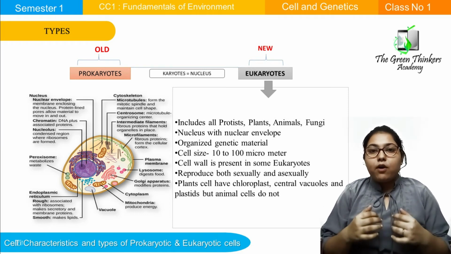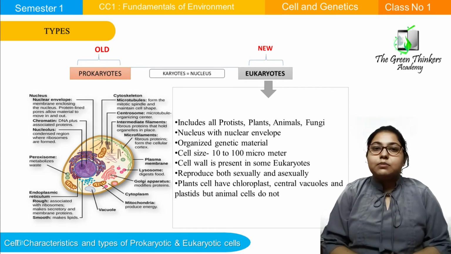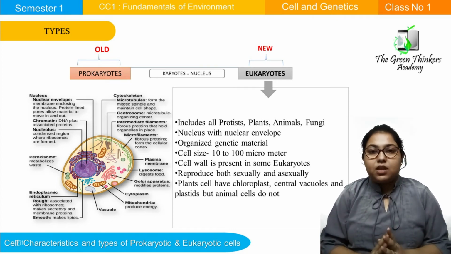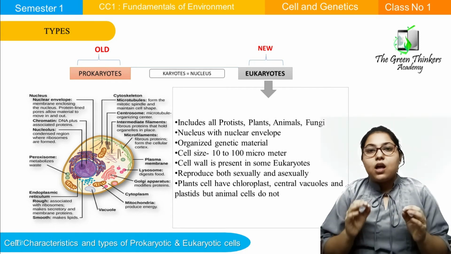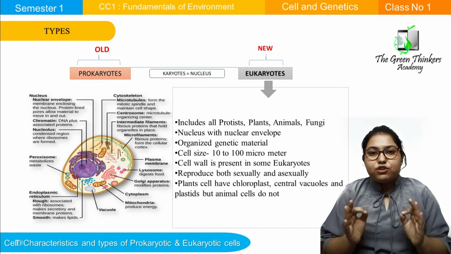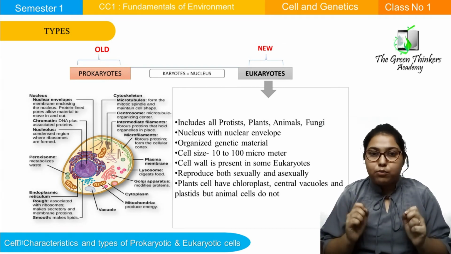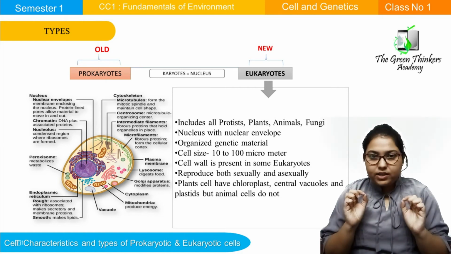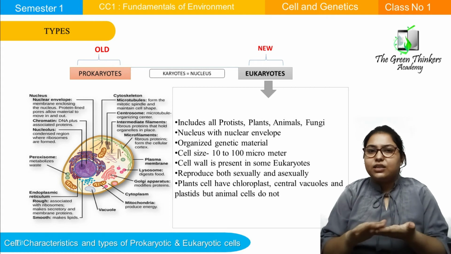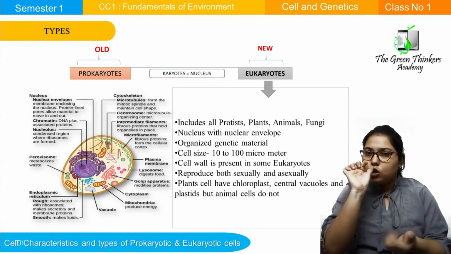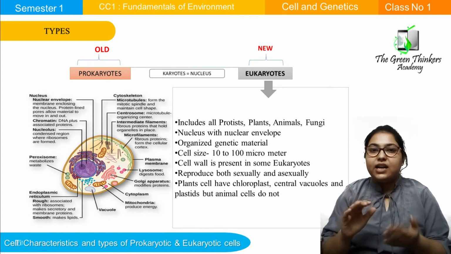Next is the peroxisome. It metabolizes the waste. Next comes the endoplasmic reticulum. There are two types: one is smooth and one is rough. We differentiate the smooth and the rough on the basis of the presence of ribosomes. If ribosomes are present, it is rough. Think of it as a surface: if small dots are present on the surface, you can feel that it is rough.